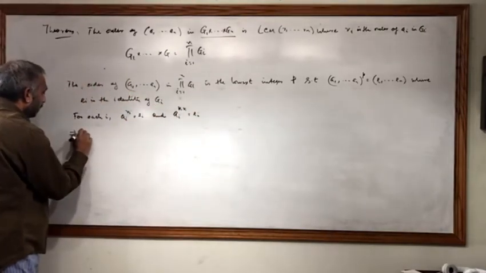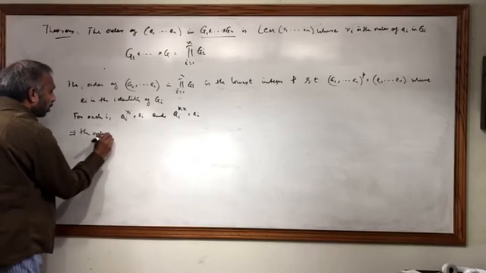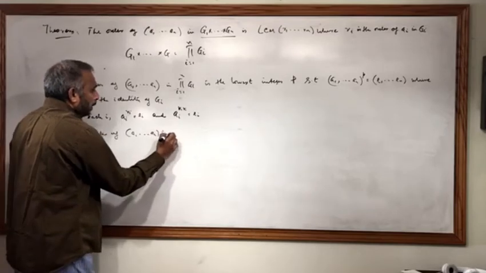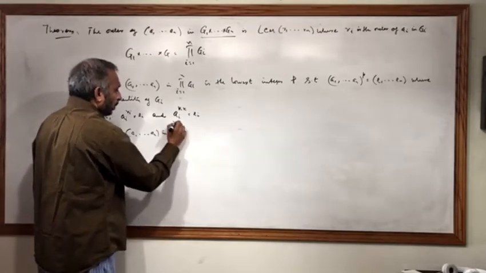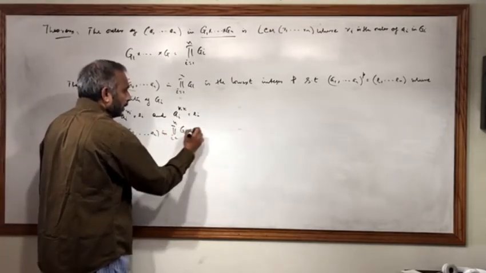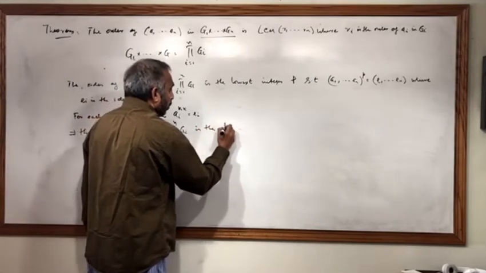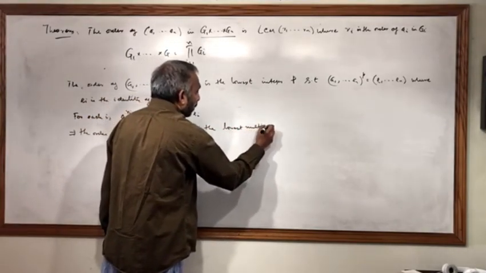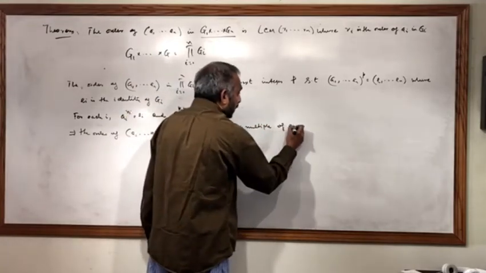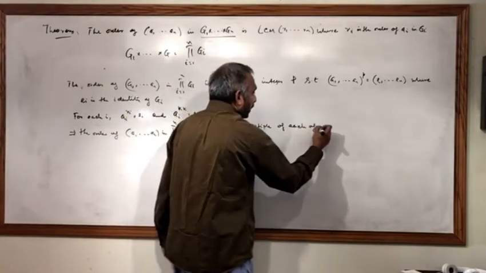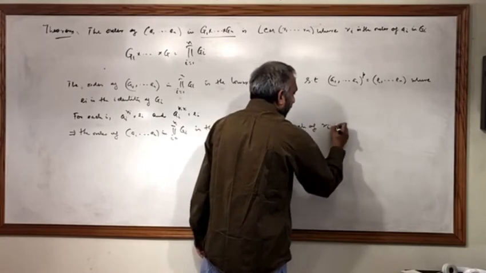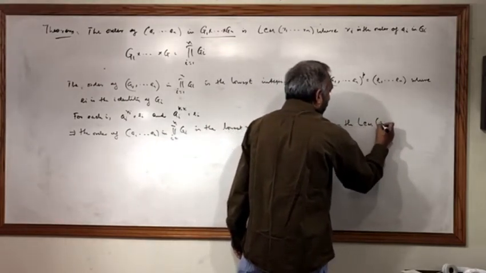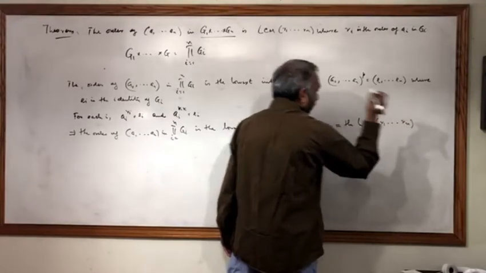So the order of (a1, dash, an) in the product of Gi is the lowest common multiple of each of the ri's, and that is equal to the LCM of r1 dash rn.